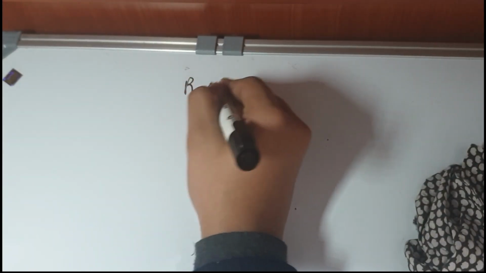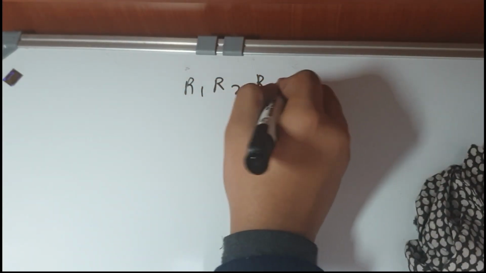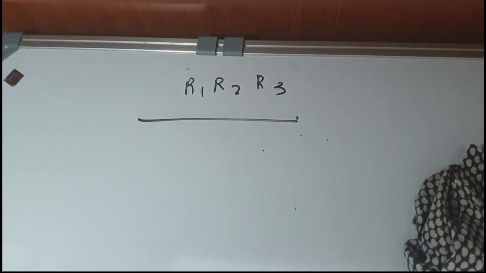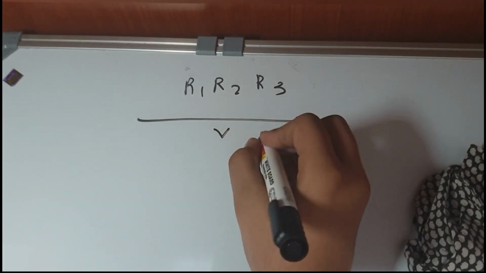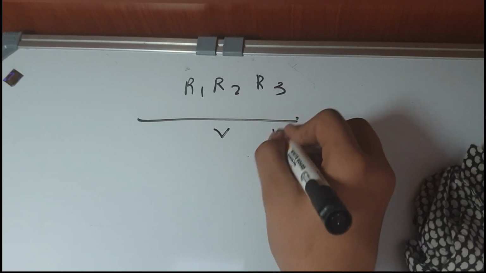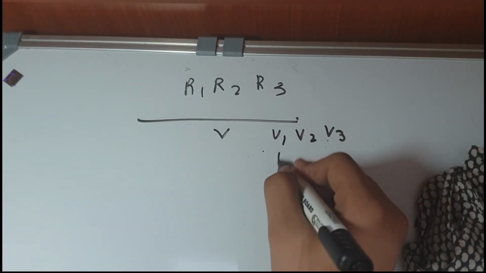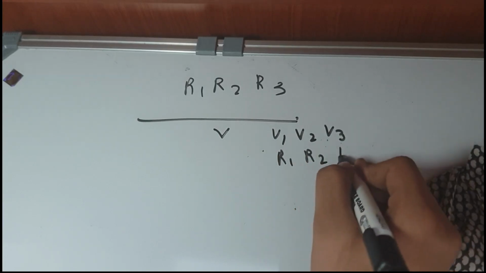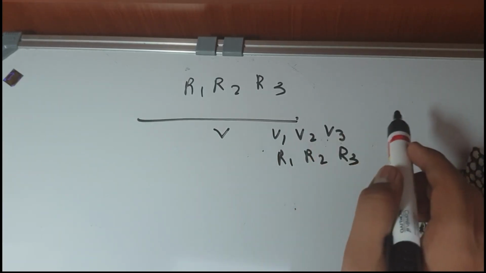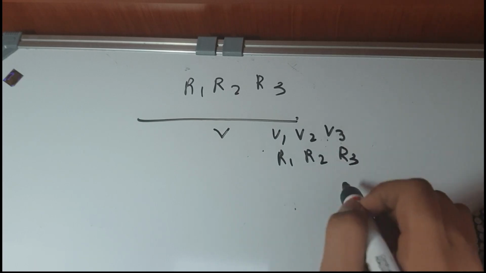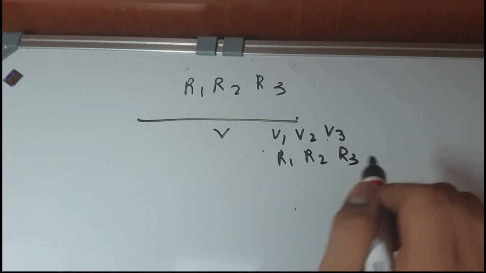Let us consider three resistors, R1, R2 and R3, connected in series with a battery of potential difference V, and V1, V2, V3 are the individual potential differences across R1, R2 and R3.